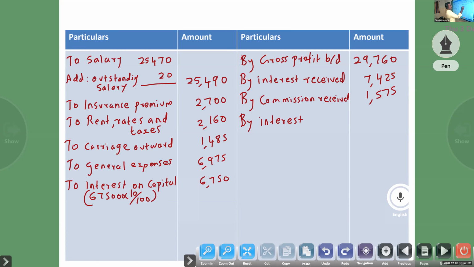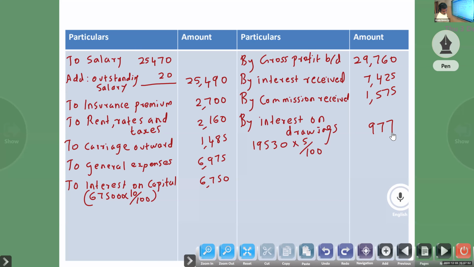Interest on drawings is calculated on 19,530 into 5%, so 977.